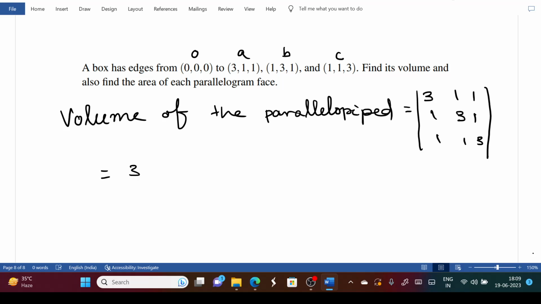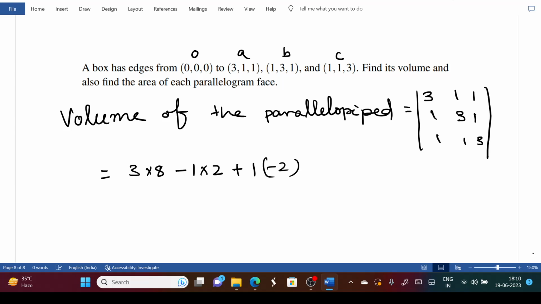That is equal to how much? 3 times 8, minus 1 times 3 minus 1, that is 2, plus 1 times 1 minus 3, that is minus 2.